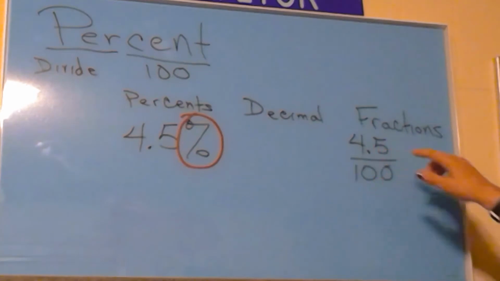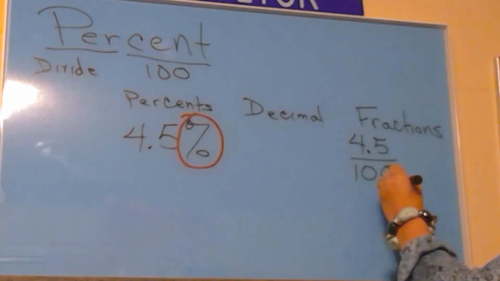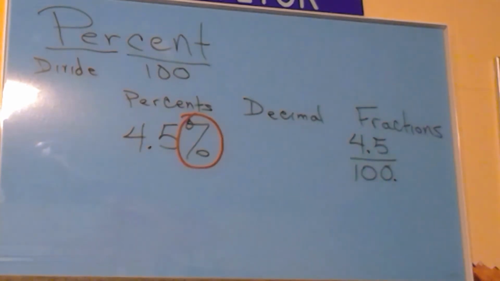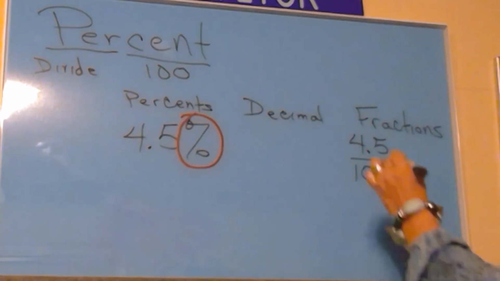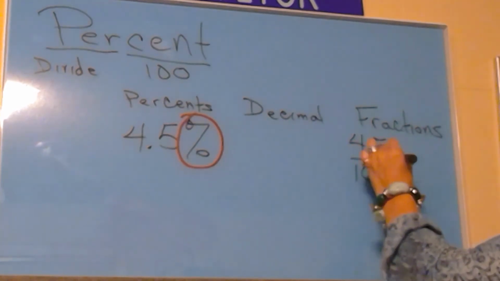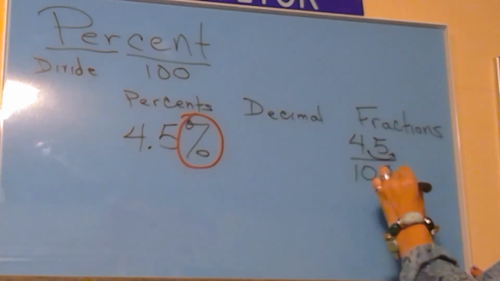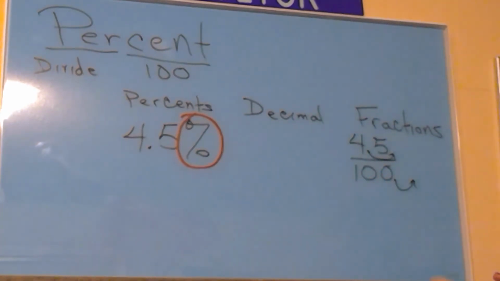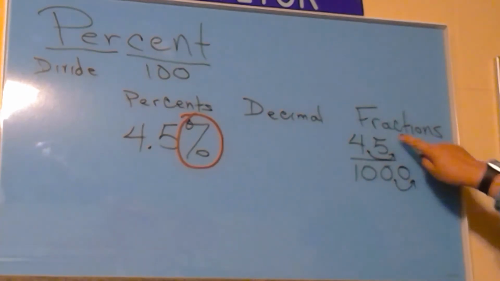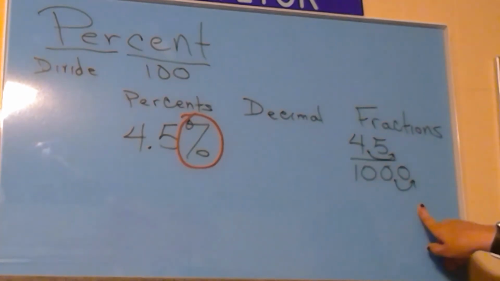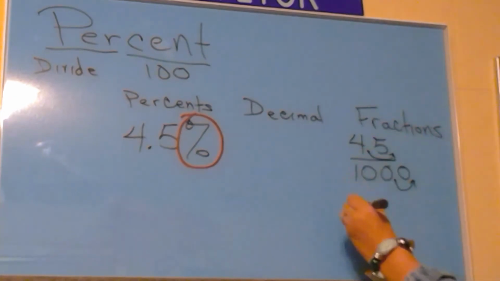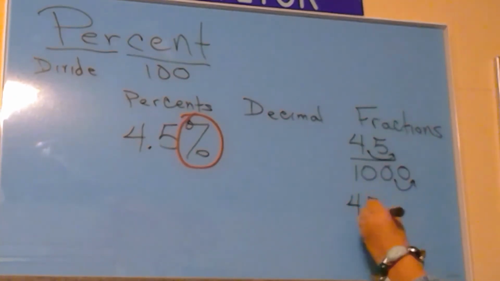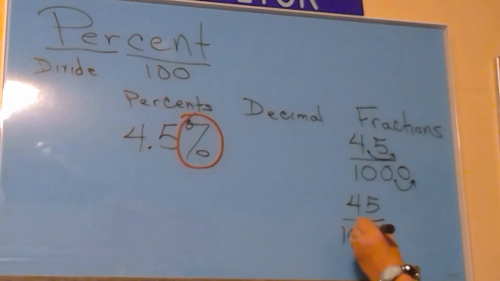So what you can do, there's a decimal point after that 100. If you move this decimal point over one place, you move this decimal over the same number of places. Basically what we've done is multiply the numerator and the denominator by 10. And that gives you 45 over 1,000.